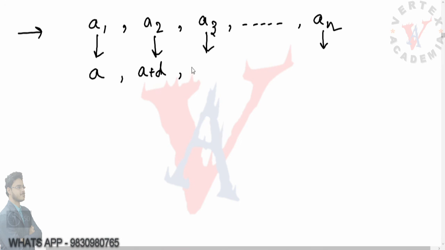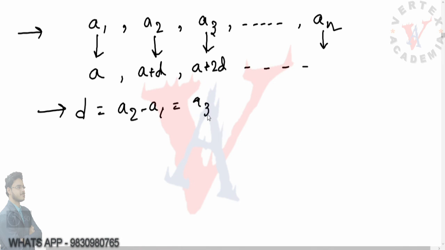What will be A3? The third term will be A plus 2D, and it goes on. Now what is the common difference? The common difference is actually the difference between a term and its previous term. So the common difference is A2 minus A1, which is the same as A3 minus A2, the same as A4 minus A3.